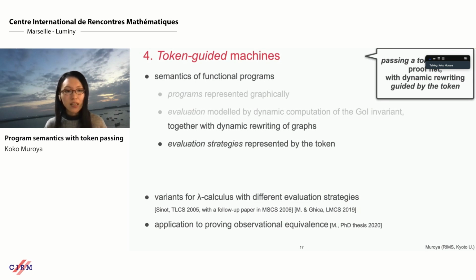But then it turns out that it was independently studied before, that token guided machines can model variants and can model different evaluation strategies with a very simple change. And also there's an application of these machines to prove observational equivalence between programs. So I will explain these one by one.